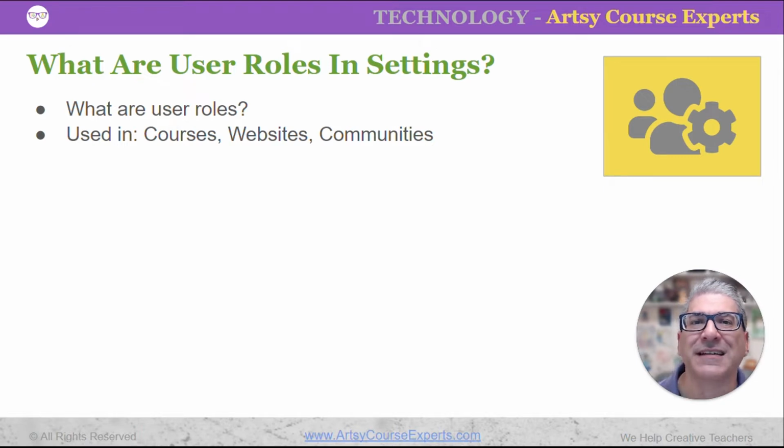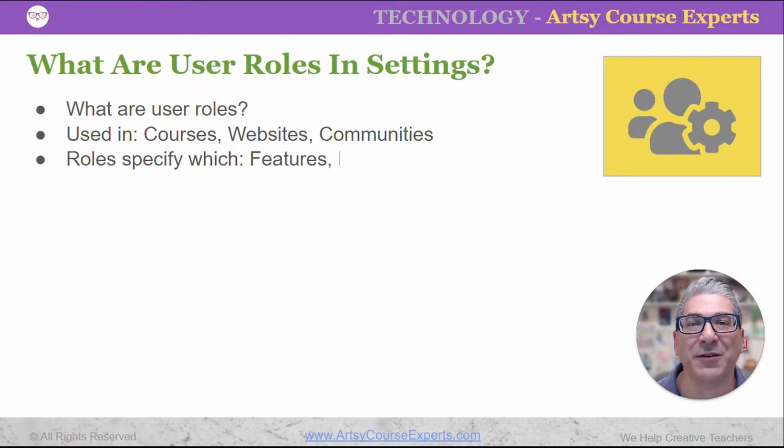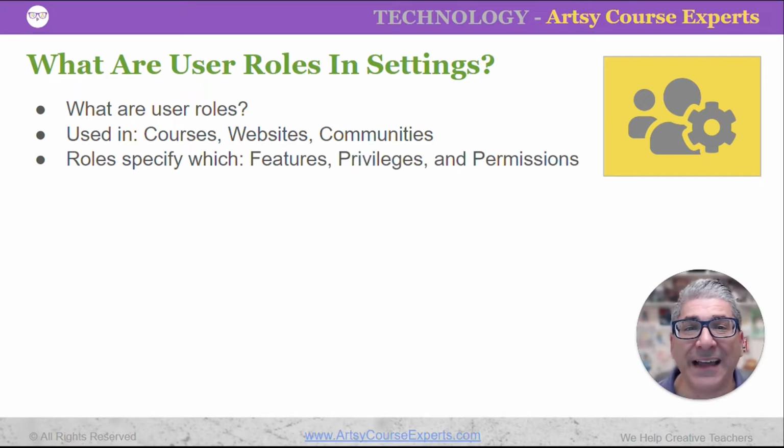Think of them as templates that specify what you can do. It could be creating something, editing something, deleting something, changing something. There's a whole bunch of permissions and you group them together into a template, and that is your user role.